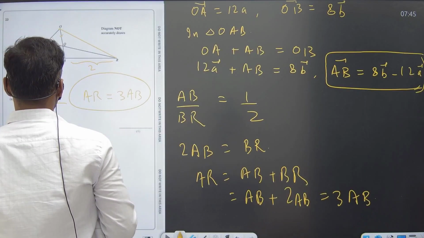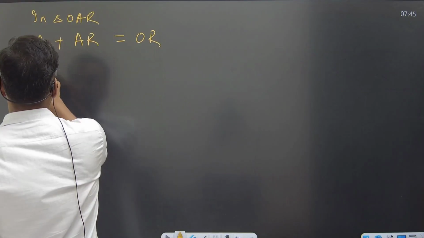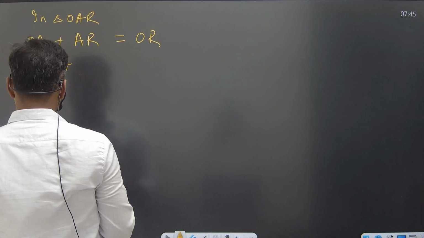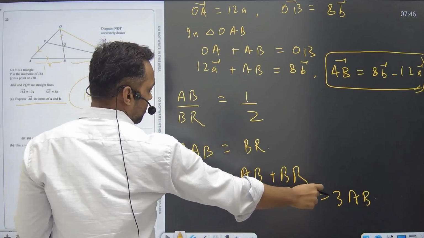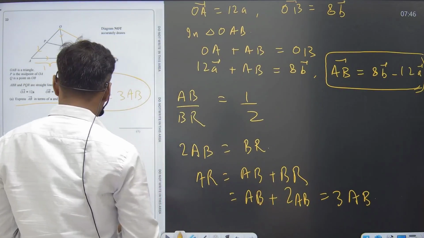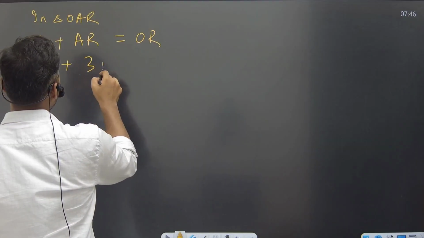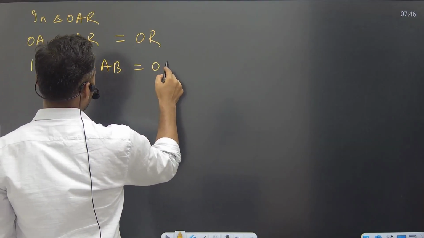OA, what is OA, student? That is 12A. So 12A plus AR. We can substitute AR equal to 3AB.